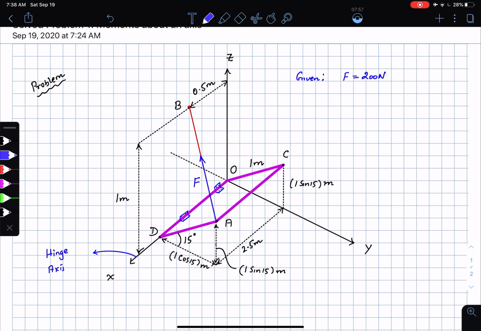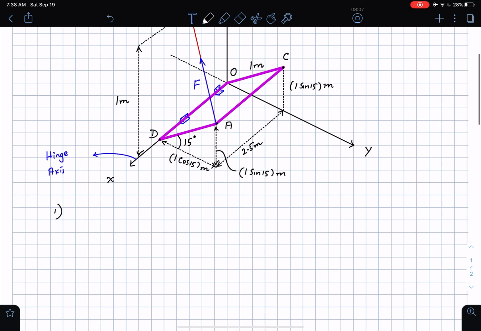Okay, so this is the information that is given to me in terms of the magnitude of the force. All right, what are the things I need to do in this problem? First thing, obtain the moment of the force about the hinge axis. Okay, let me use the vector approach first, and then I'll also use a scalar approach.